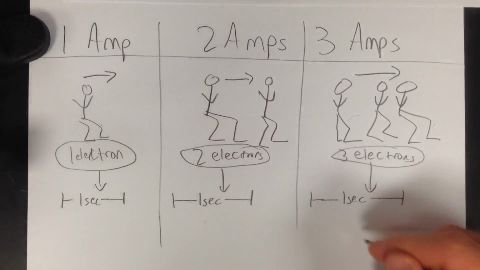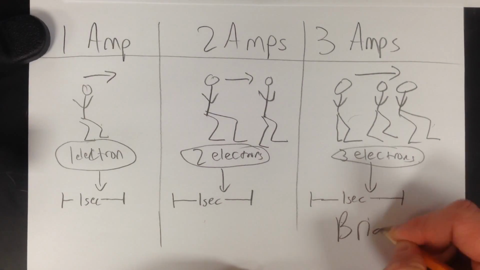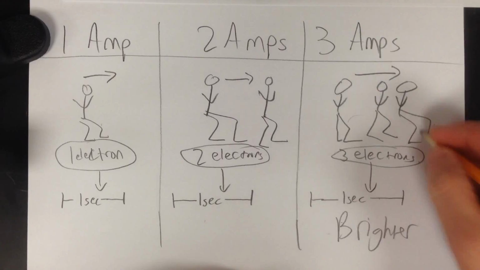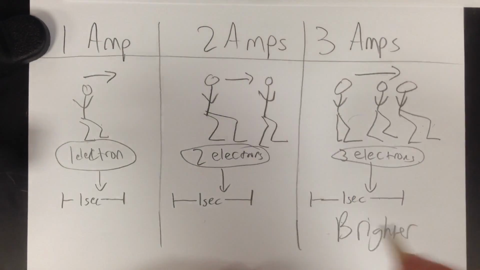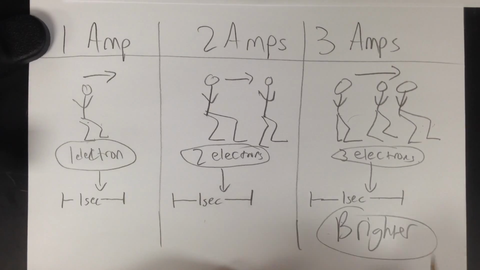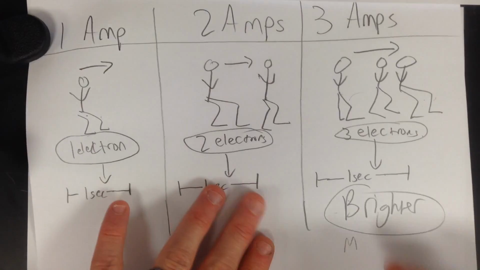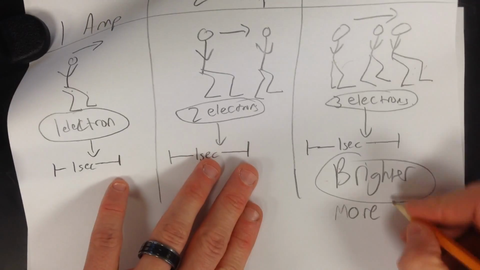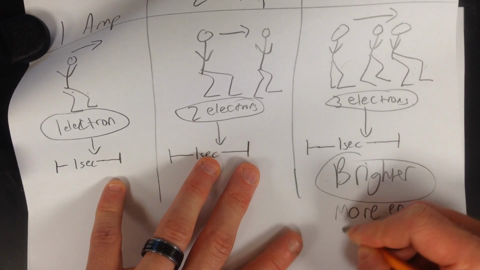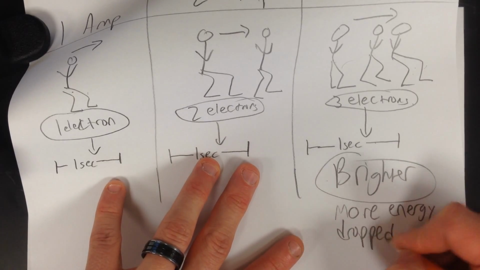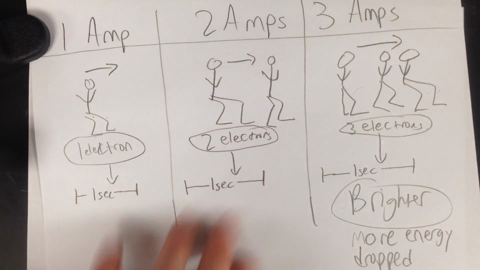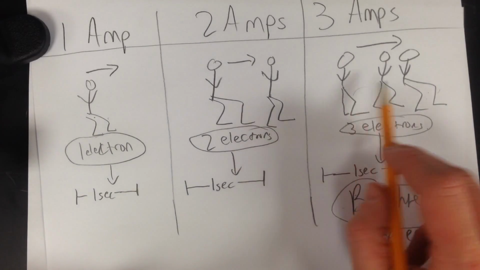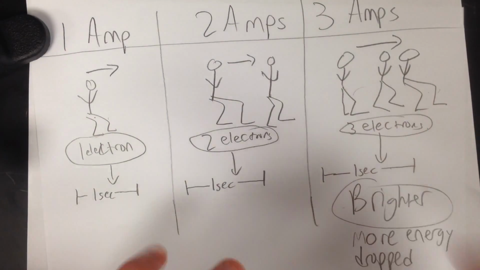So 3 amps means it's brighter, because you had 3 different drops: 1 drop, 2 drops, 3 drops, instead of just 1 drop. So more energy is dropped here. For the 3 amp current, more energy is dropped at the light bulb because more electrons pass carrying their energy.